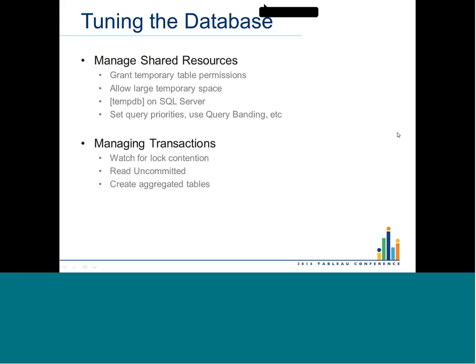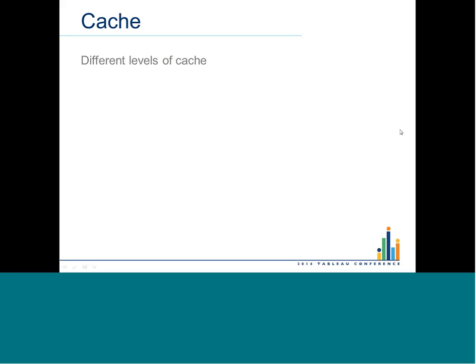Next, let's look into cache. There are different levels of cache in Tableau Server. We have the query cache, which is specific to a unique combination of database connection and username, and the query cache resides in each VizQL process.